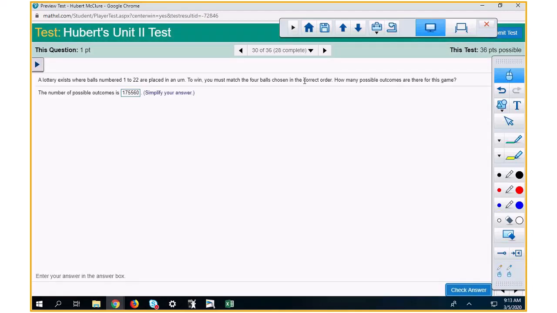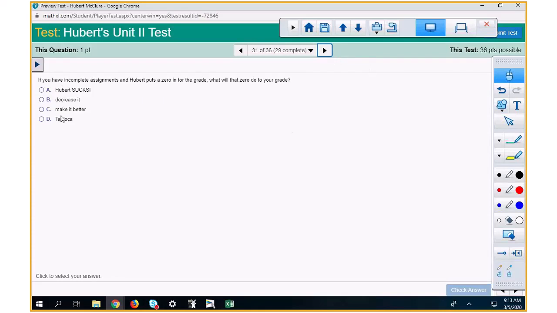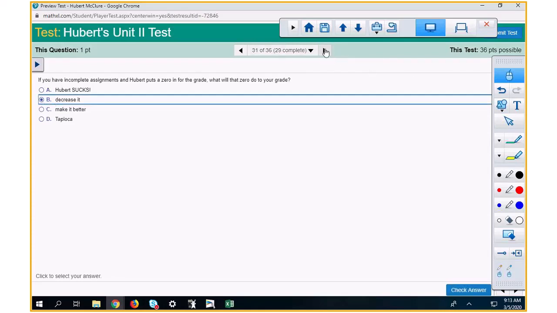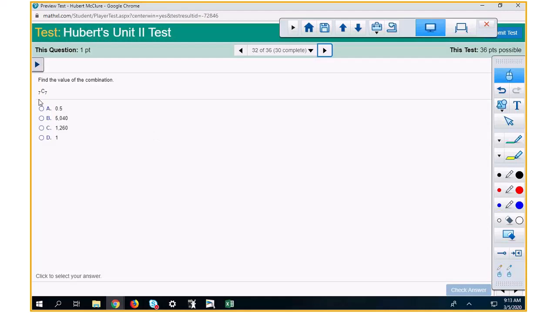Yep. Highlight that. You need to make a note of that. I've never seen a lottery question with correct order. My bad. Decrease your grade. 7, that's going to be 7 combination of 7.